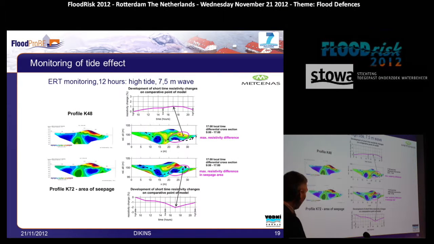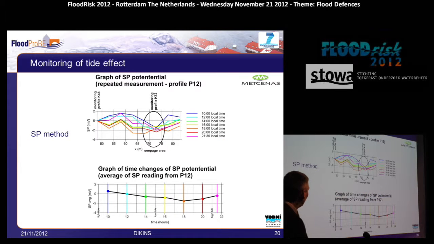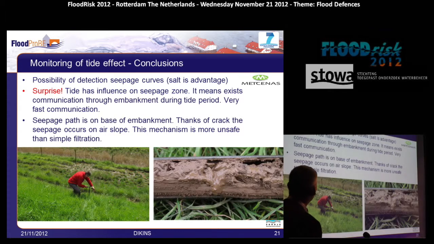Okay. Here you can see the change of resistivity in time. You can see the opposite direction for another parameter, self-potential, which we also measure. And what was a big surprise for us is that in the seepage zone we can see some measured changes very fast.